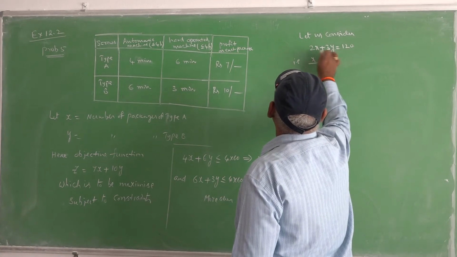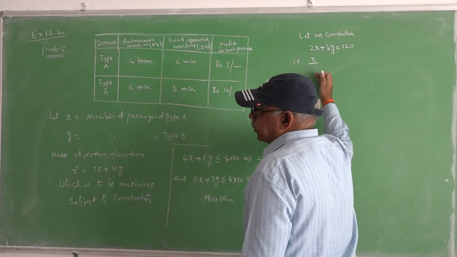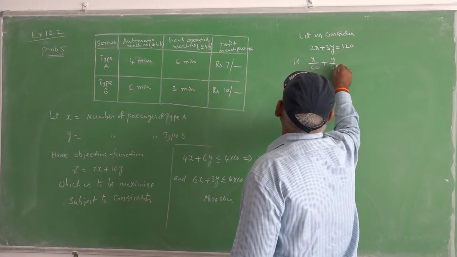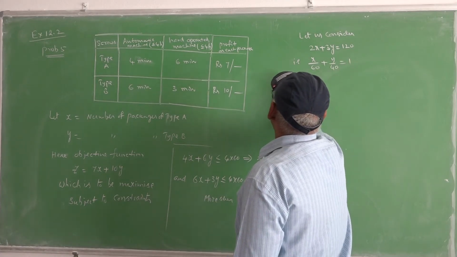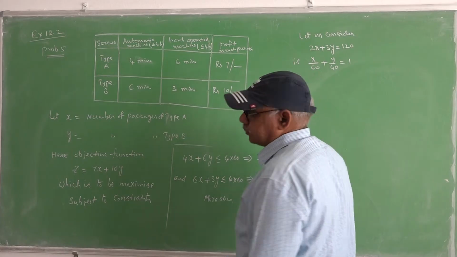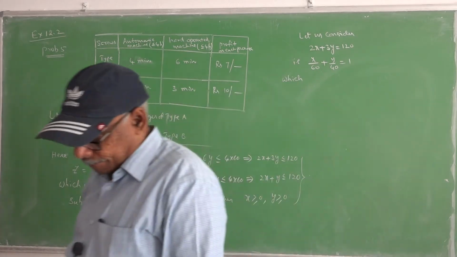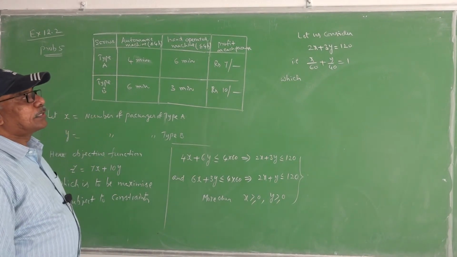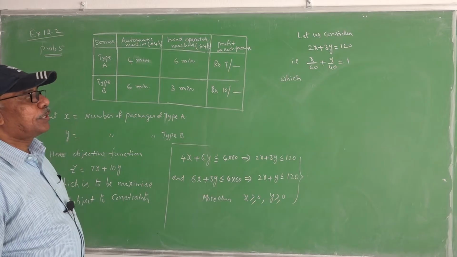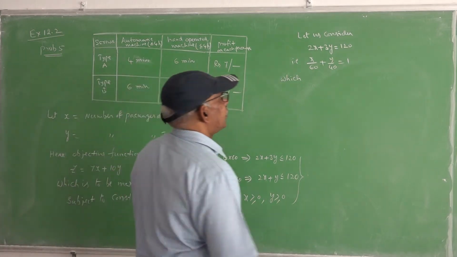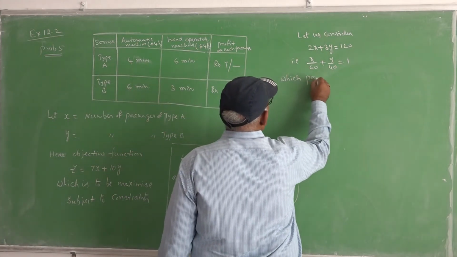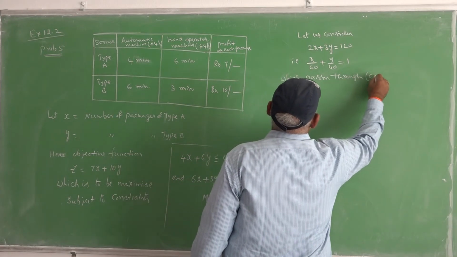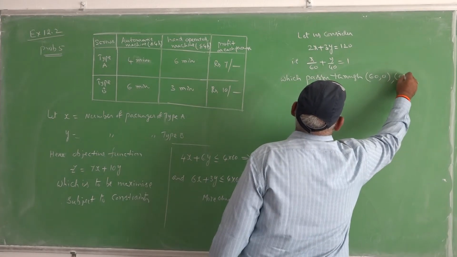That is, dividing both sides by 120, reducing the given line to the intercept form, it is x by 60 plus y by 40 equal to 1, which passes through 60, 0 and 0, 40.